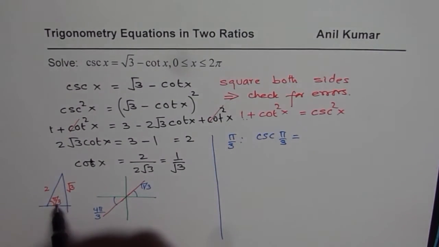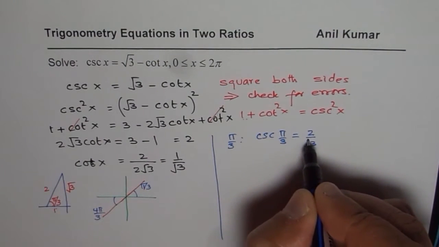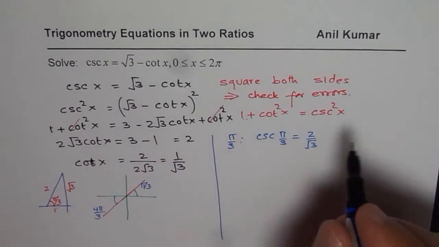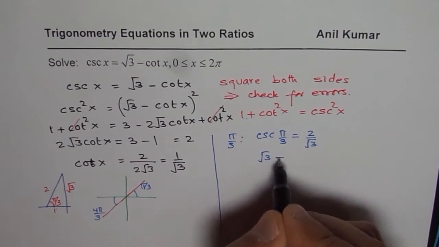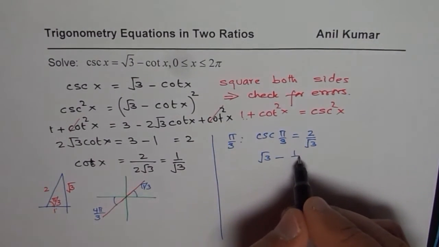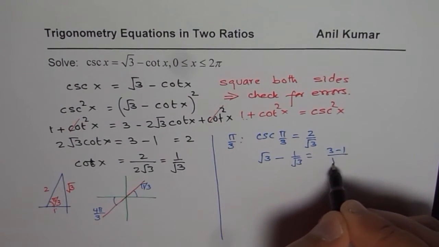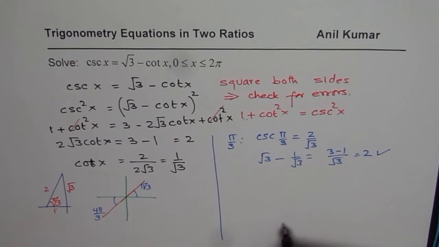So it is 2 over square root 3. So 2 over square root 3 is cosecant x. On the other hand, on the right side, we have square root 3 minus cot x, which is 1 over square root 3, right? If you solve this, you get 2 over square root 3. So both match. That is perfectly fine.